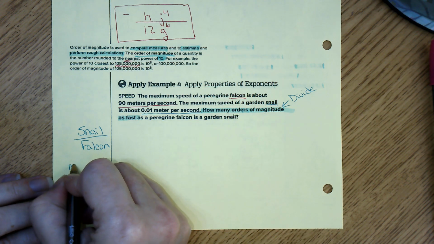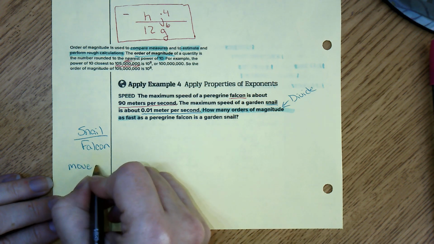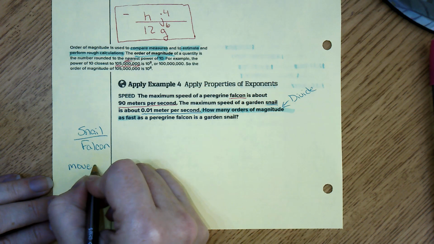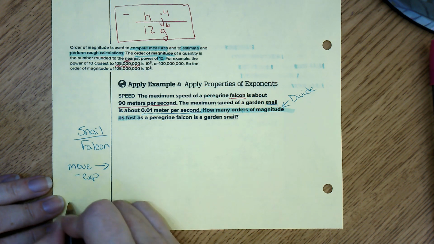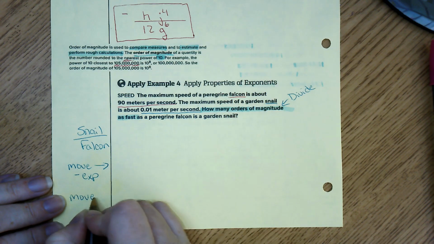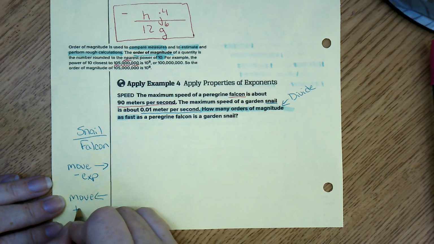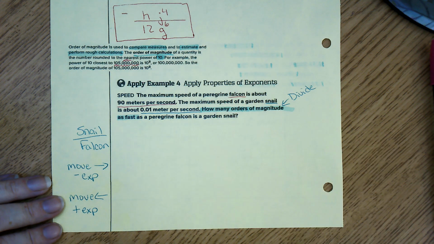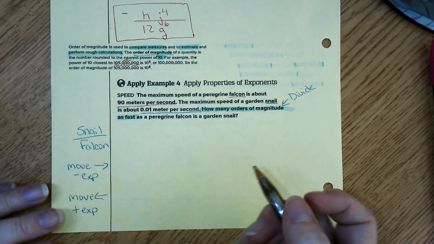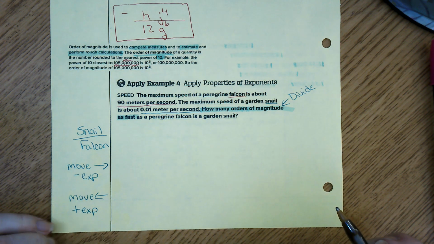Now remember, when we move our decimal to the right, it is a negative exponent, and when we move our decimal to the left, it is a positive exponent. We learned those two rules prior.